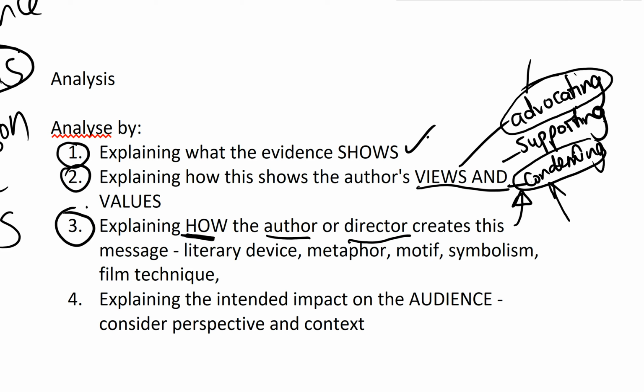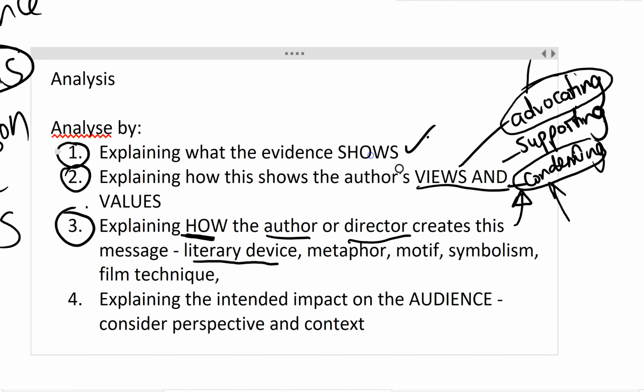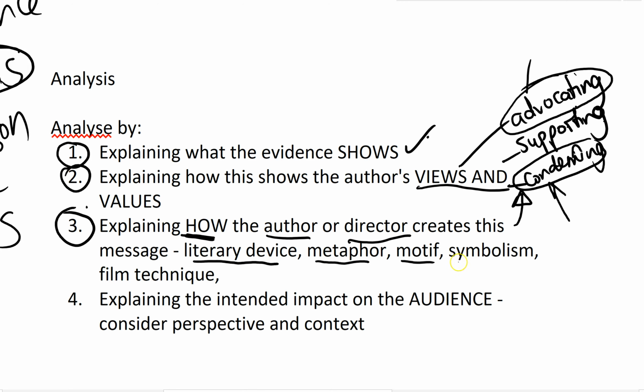Now, this might be talking about a particular literary device or a metaphor, motif, symbol. It could even be the use of a film technique, the use of music, a close-up shot, cinematography, camera angles, any of those things. As soon as you are talking about that, you are analyzing how the meaning is constructed. So you're really talking about text construction.